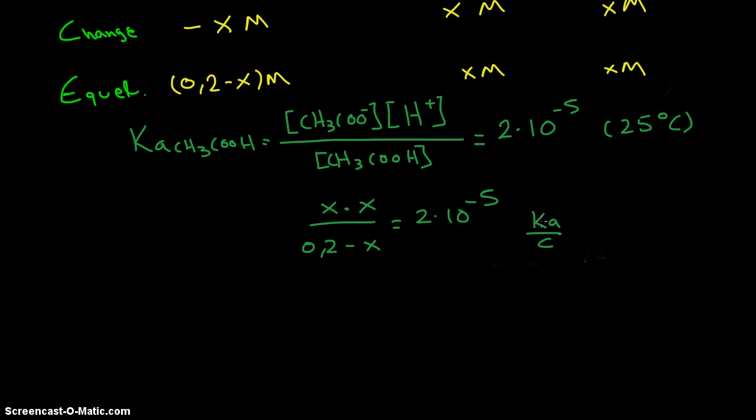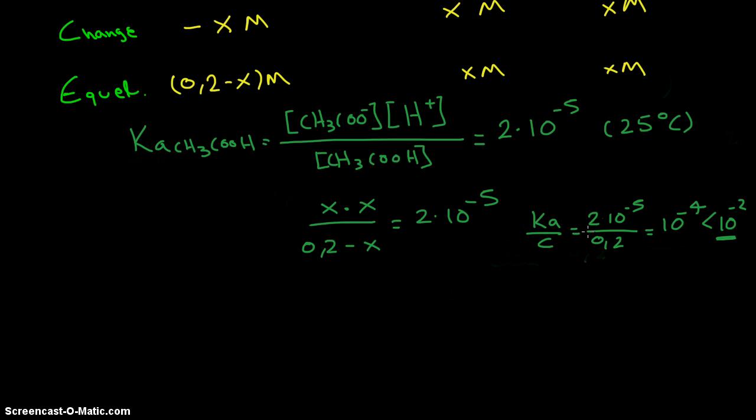We take this fraction, this is the equilibrium constant for the acid, and this is our initial concentration of the acid. This will give us 10 to the minus 4. This is smaller than 10 to the minus 2. This is a reference point.